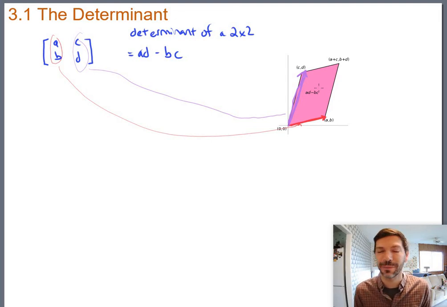That's foreshadowing. Okay, so that's the idea for a 2 by 2, and you can actually sit down graphically and draw some triangles and get this AD minus BC. I'm not going to do that.